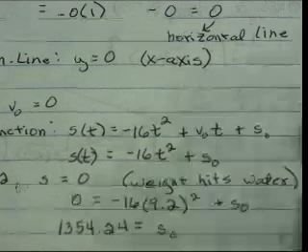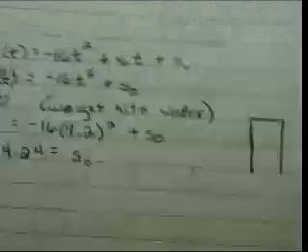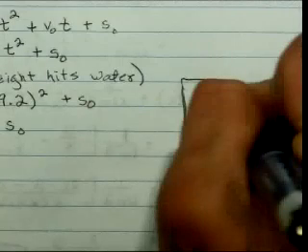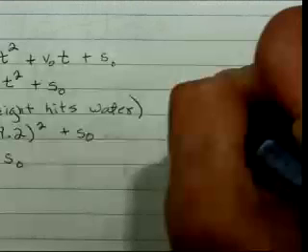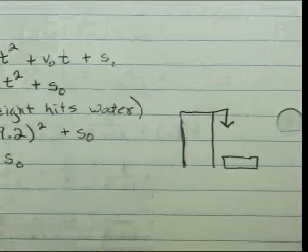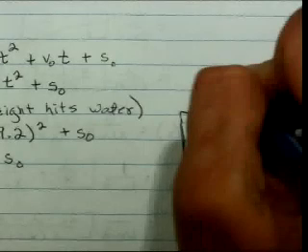Here's a picture, and pictures are very helpful sometimes. Here's the building. Here's the swimming pool. The weight was dropped, not thrown, but just dropped from the top of the building. And so its initial height is the same as the height of the building.